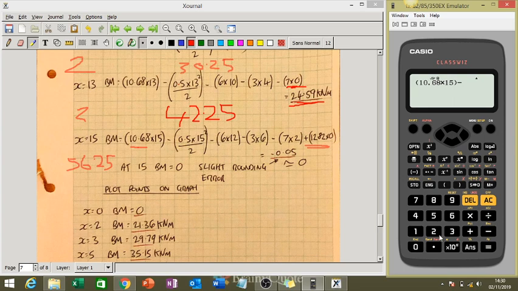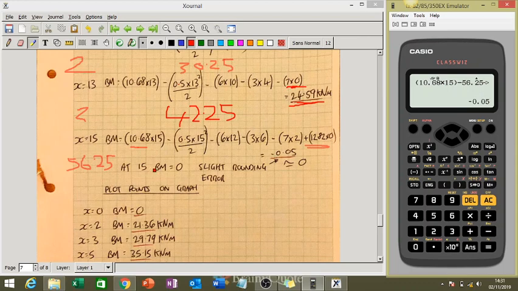Take away 56.25. Take away 6 times by 12. Take away 3 times by 6. Take away 7 times by 2, 14. That there, look, so you could include it, but that times that is going to be 0, so I'll ignore that. Equals.